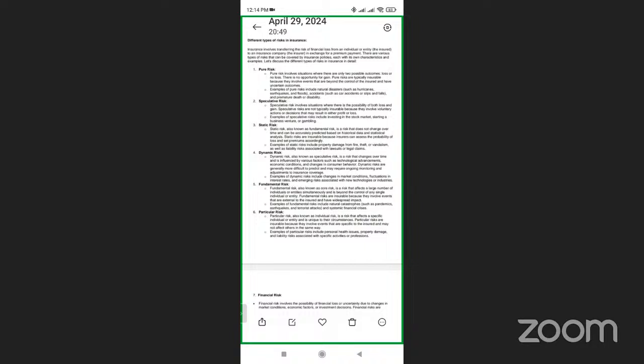If the pure risk is in the form of personal risk, it means those kinds of pure risks are related to only the individual concerned. That means it is applicable only to that person, not to the masses in general. Like the risk of premature death, risk of disability, these are considered to be personal risks.